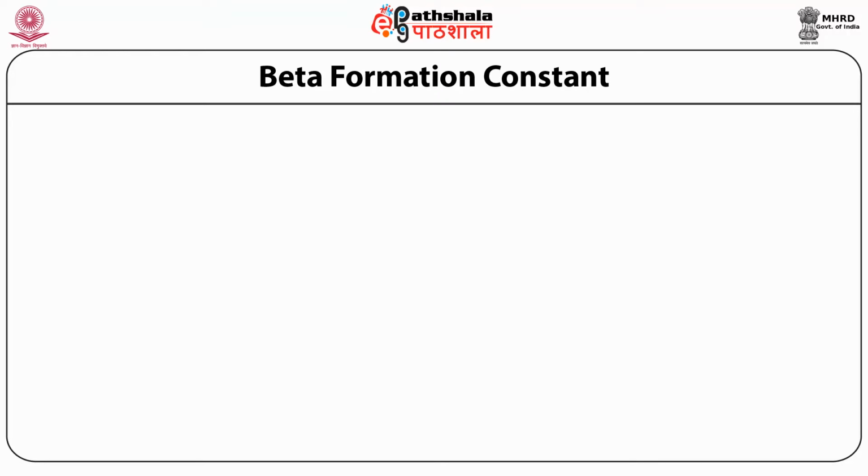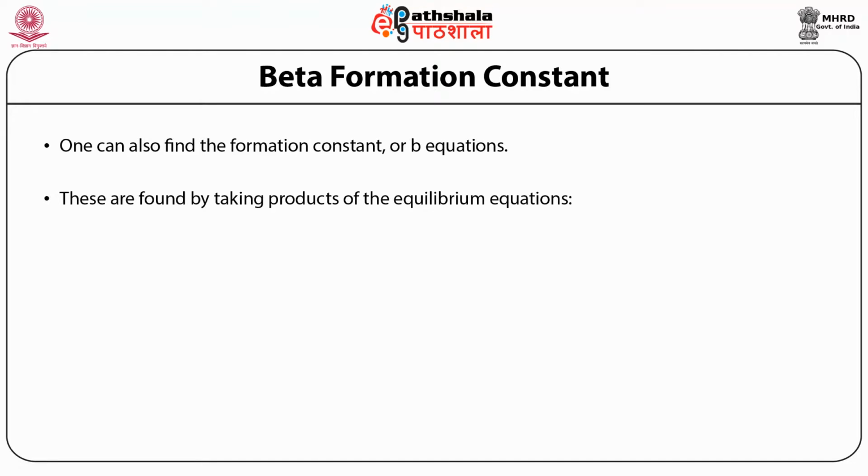Another constant is the beta formation constant. One can also find the formation constant, or beta equations. They are found by taking products of the equilibrium equations. Beta 2 is equal to Ka1 times Ka2, which is equal to [H3O+] squared [HA2 anion] squared upon [H3A].